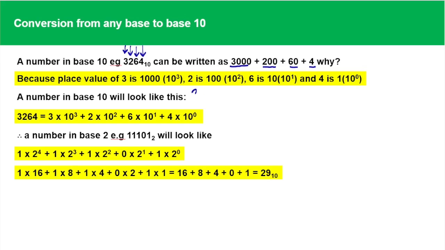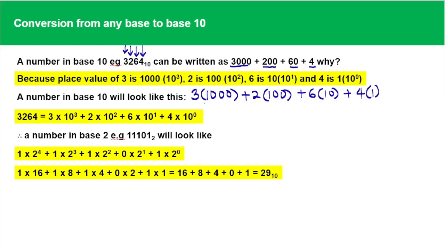This number can be written as 3 times 1000 plus 2 times 100 plus 6 times 10 plus 4 times 1.